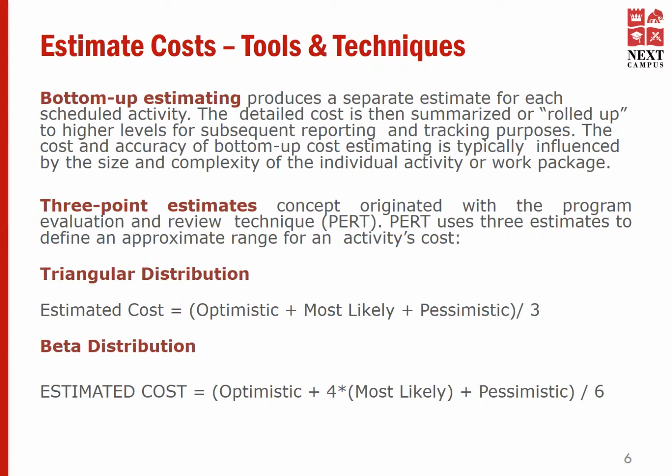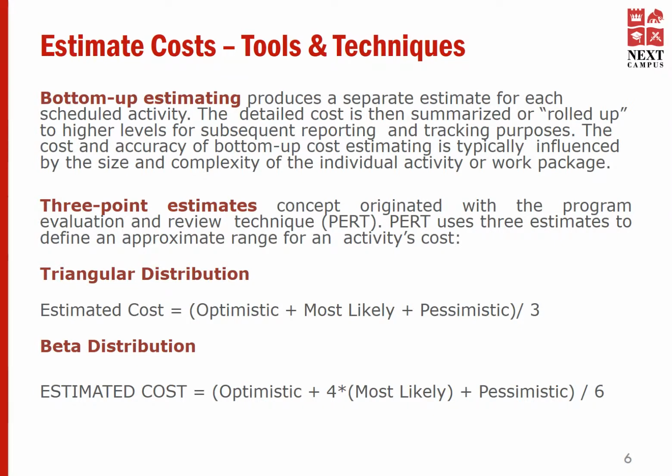3-point estimating. The accuracy of single-point cost estimate may be improved by considering estimation uncertainty and risk and using 3 estimates to define an approximate range for an activity's cost. These 3 options are most likely, most optimistic, and pessimistic.